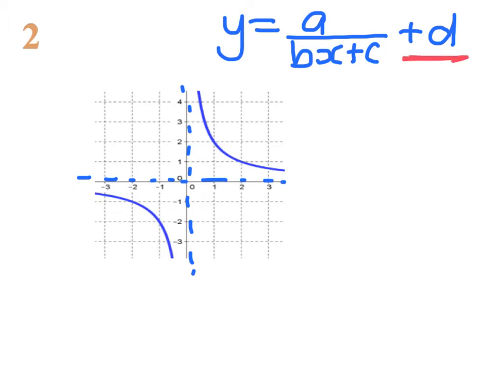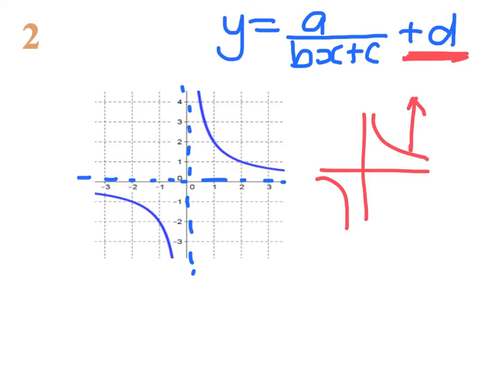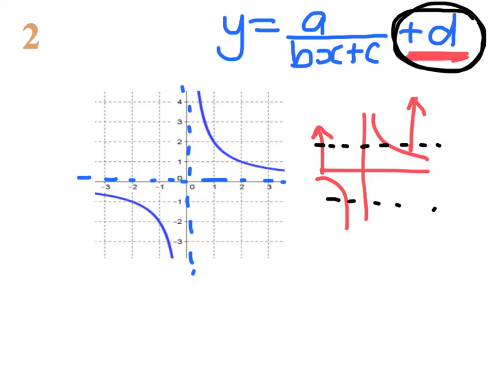The plus d is what happens when you take every point on the basic hyperbola and you shift it up by d units. So the way to spot that one is if you've got a horizontal asymptote that's up higher or down lower, and that means that it's this term here that is being played around with. The a term here is to do with the squeeziness or stretchiness.